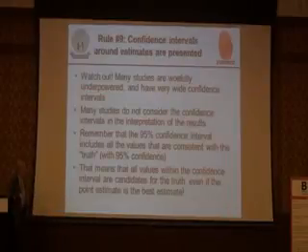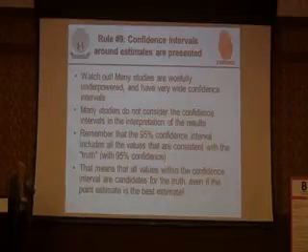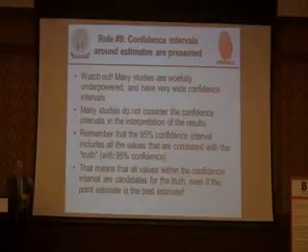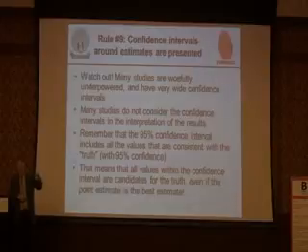Okay, the last item here is that the confidence intervals around the estimates should be presented. There are many studies that are published that don't have those confidence intervals. And you have to watch out, because many of those studies are woefully underpowered. And just because it says the specificity was 50%, or 95%, maybe there's a wide confidence interval around that, okay?